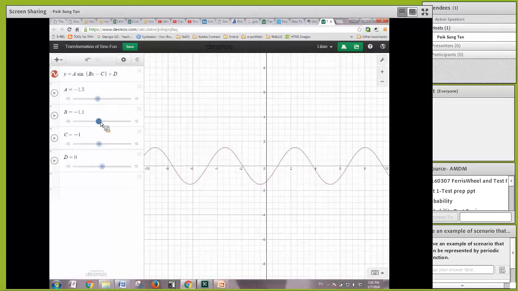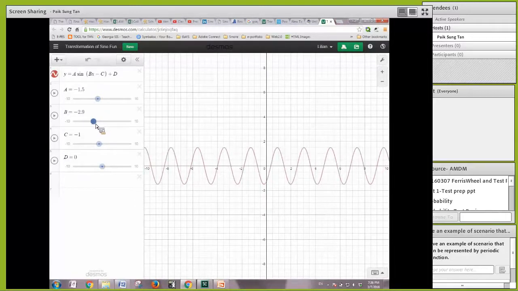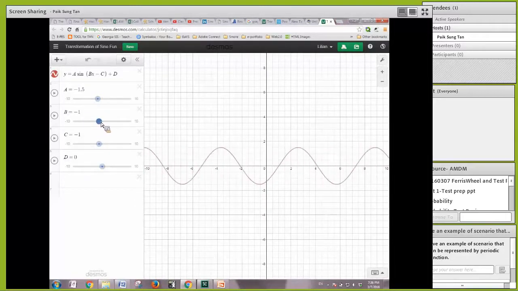b, left and right. See, it pulls left and right. And c moves left or right. It doesn't stretch or squeeze, it just moves the graph. Now remember, c is usually 0, and because the formula has a minus, when you have minus a positive number, it moves the graph to the left.